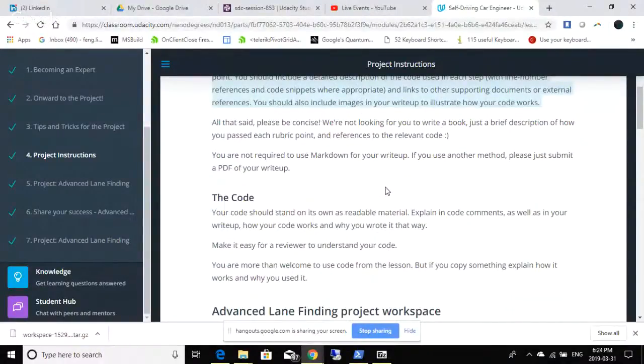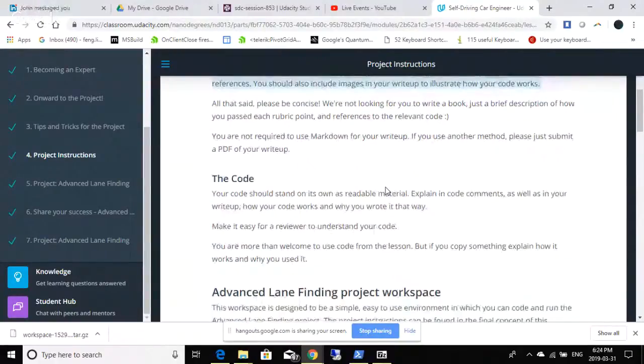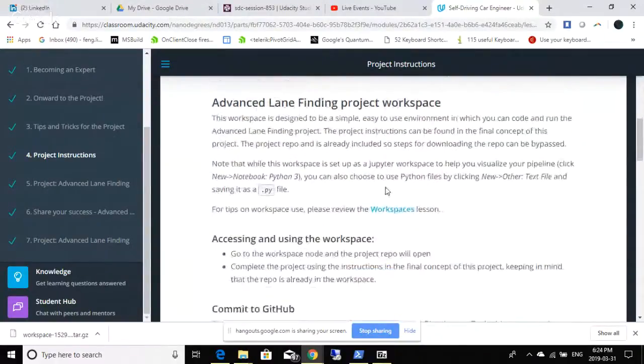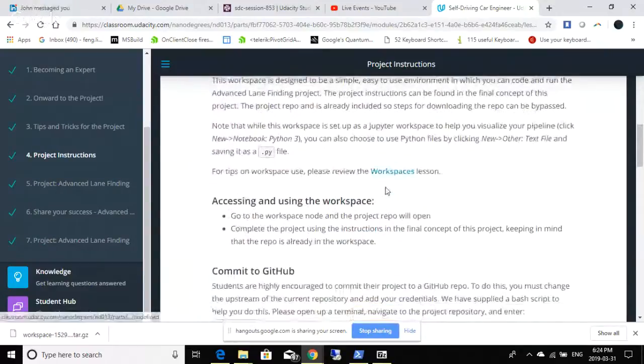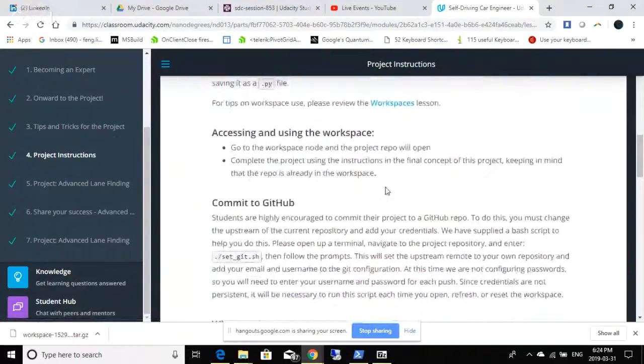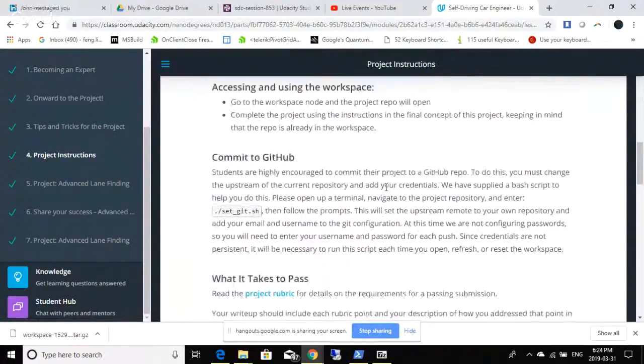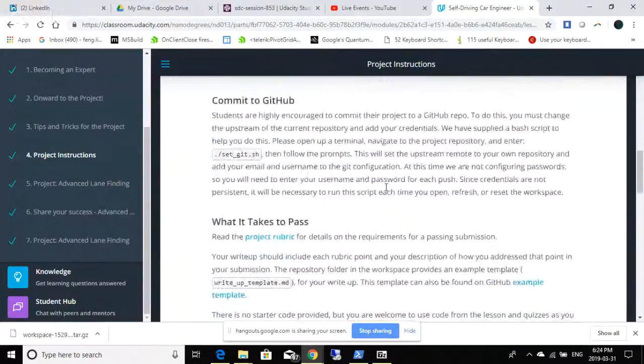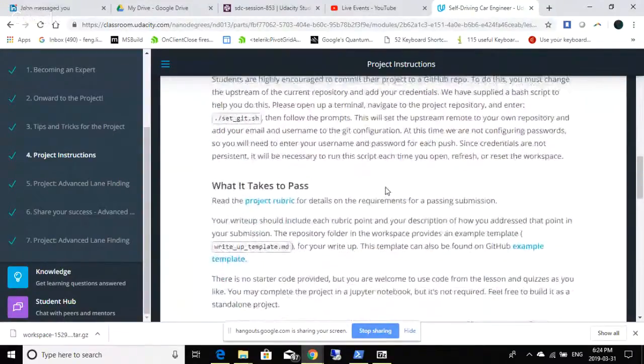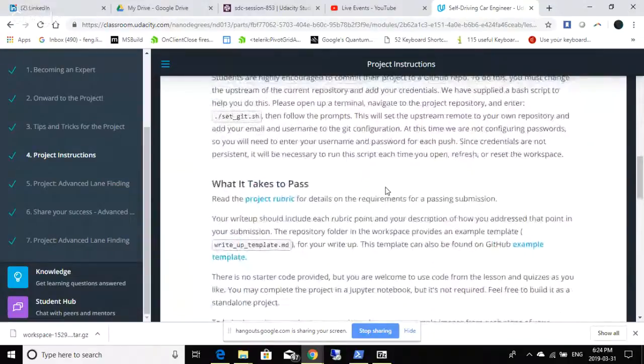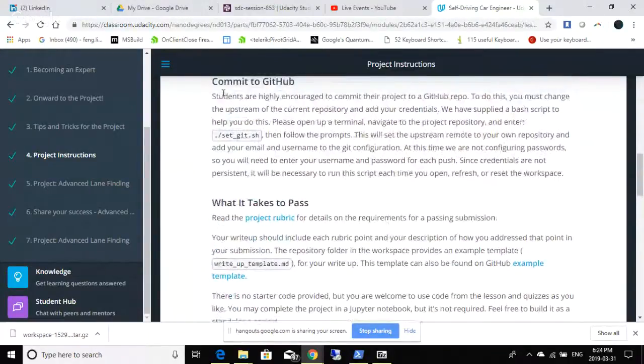Be precise. Commit your project to a GitHub repo to do this.